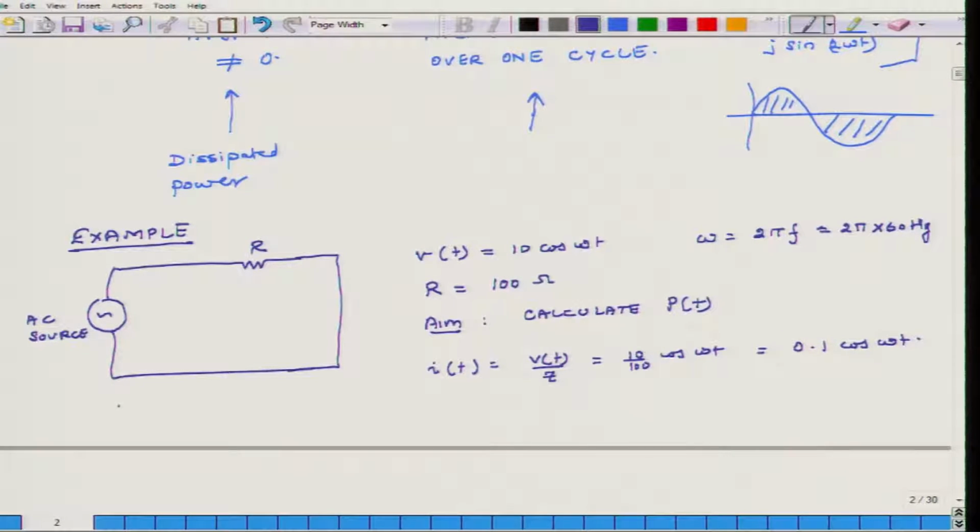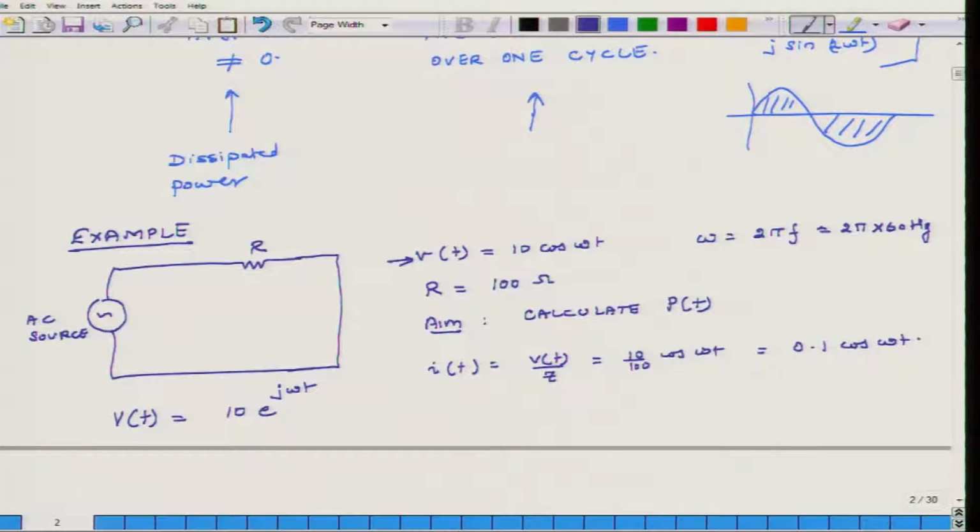Okay. So, complex voltage V t is equal to 10 e to the power of j omega t. And if I take the real part of this capital V t, I will get this expression.